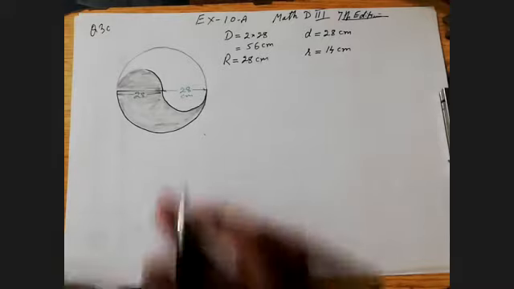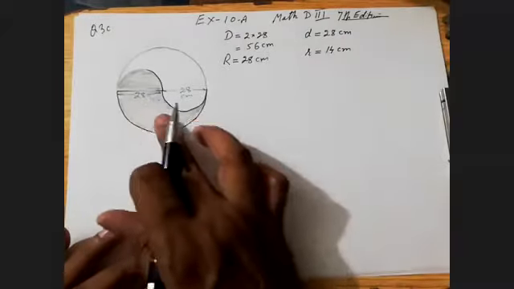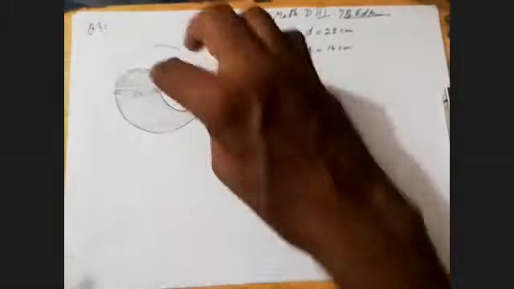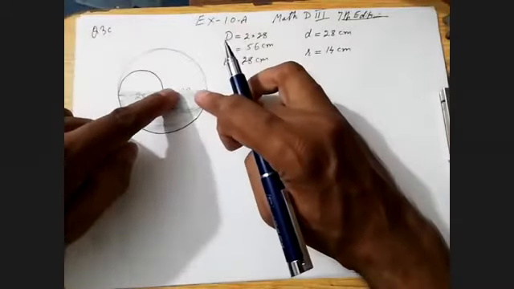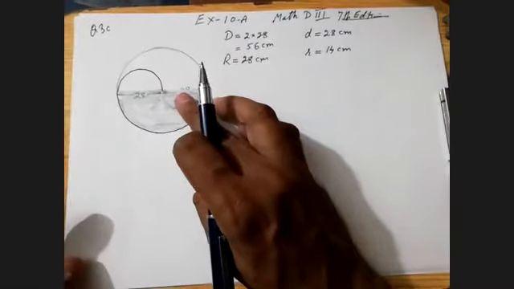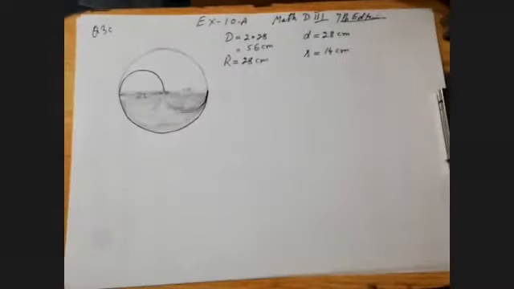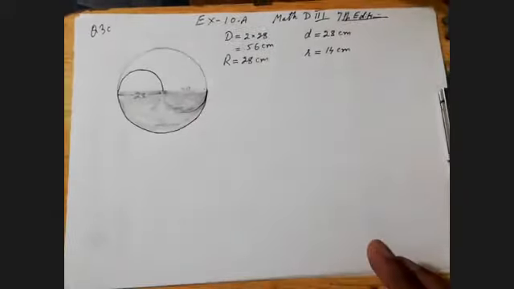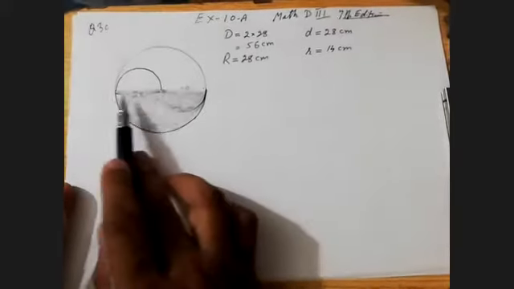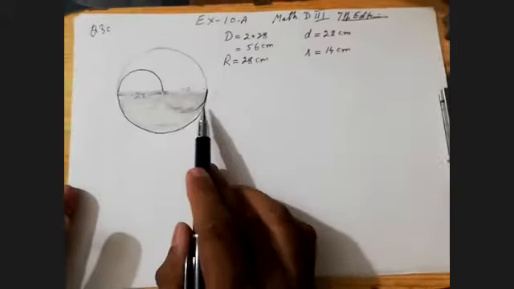Okay, here you can see that we have to find out this shaded region. Now here I have separately cut it off. If I adjust this area over here, then you can see that this will become the half circle. So instead of doing it in the complicated way, it is very simple to find the area of the half bigger circle.